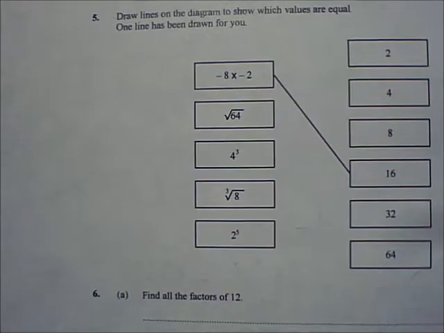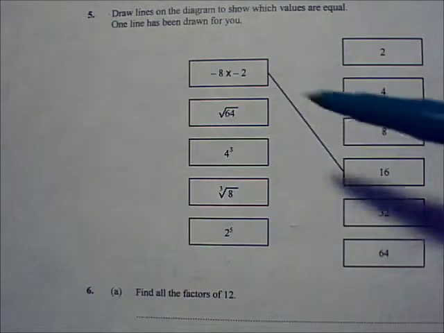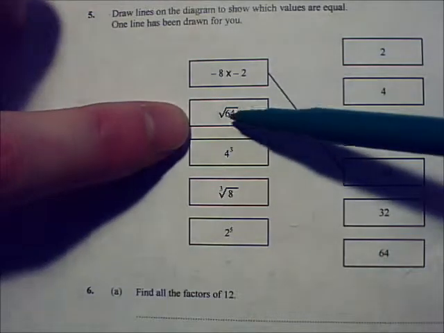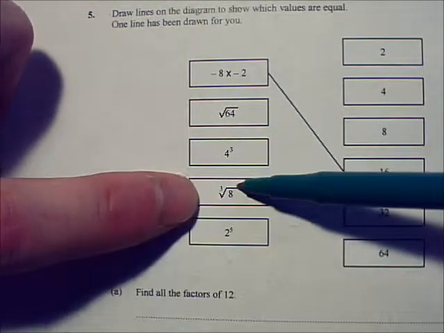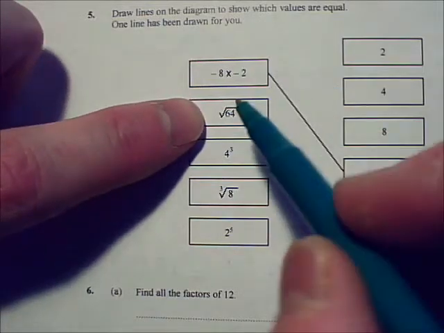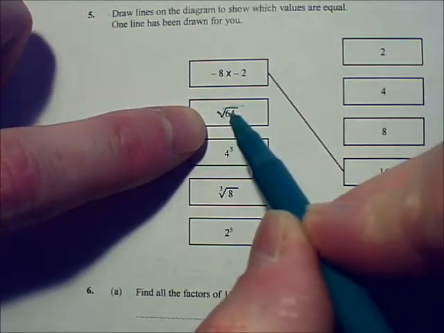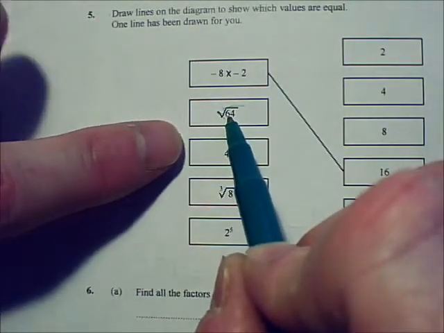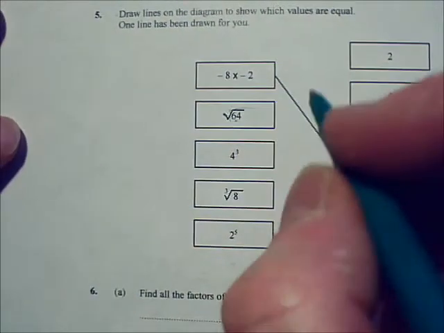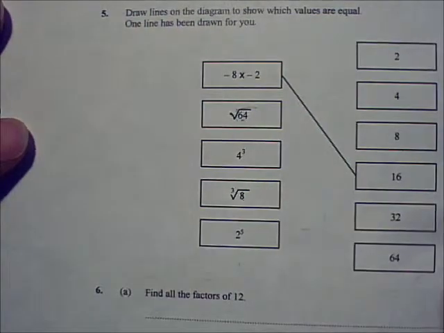Next we said we were going to have a look at square and cube numbers. That's back to question 5. Really, this question is about correctly interpreting each of these symbols. So the first one, the square root of 64. That's the number you have to times by itself in order to make 64.